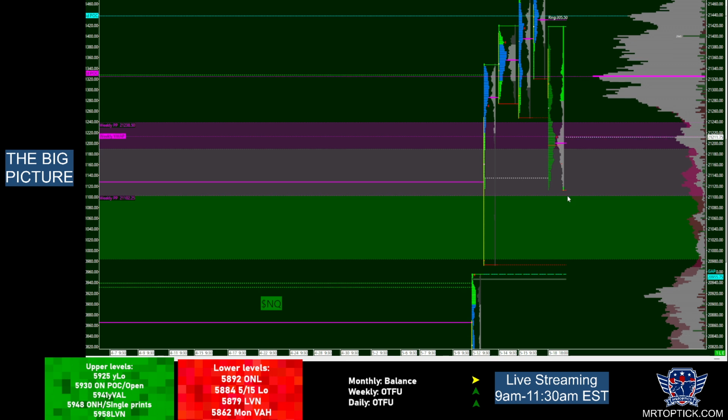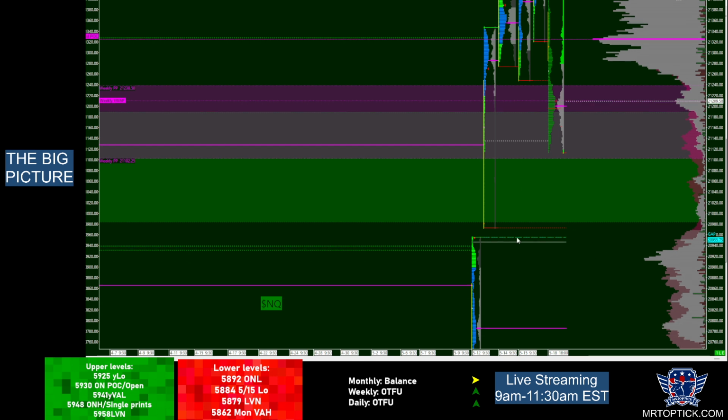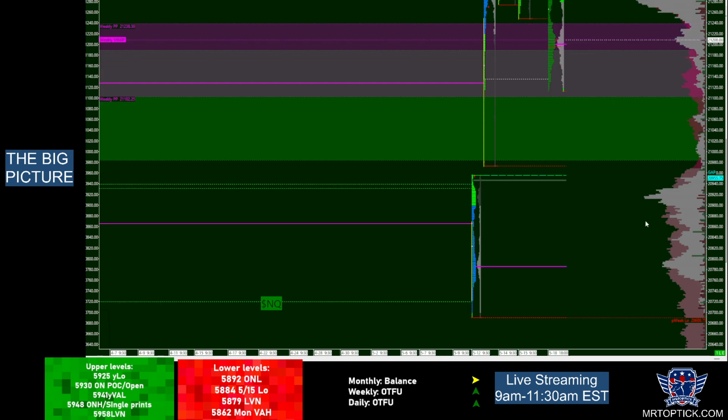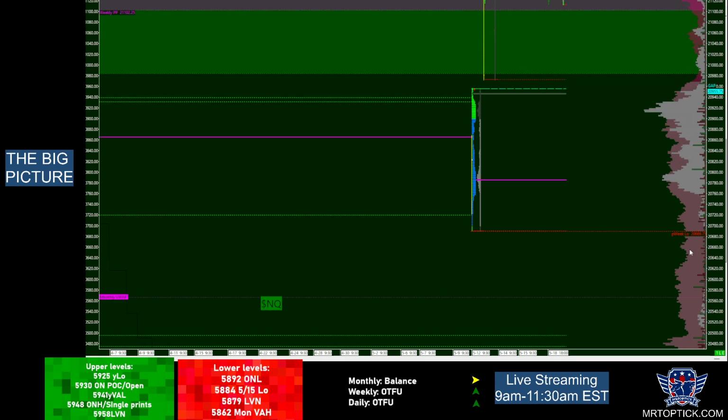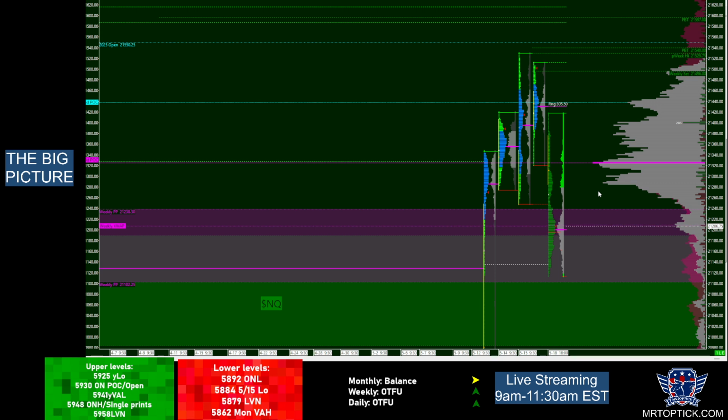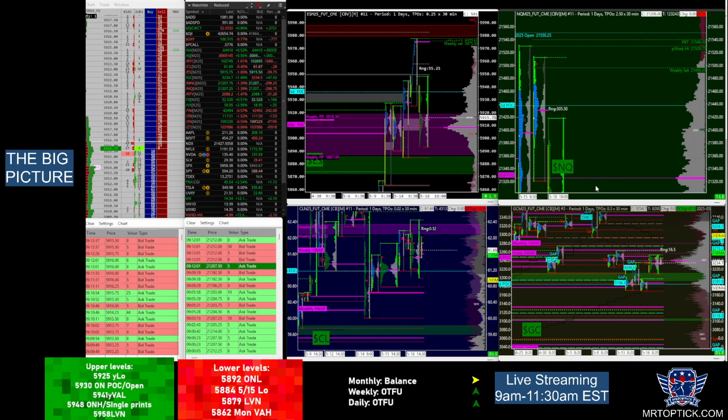If we get here, I'm going to wait to see how the order flow is, and if we really see strong sellers pushing in order to take a short. If that's the case, then the target is 20,910. And then from here, if we enter inside value for the 12th session, then the target becomes 20,790. Okay, so that's it for NQ.